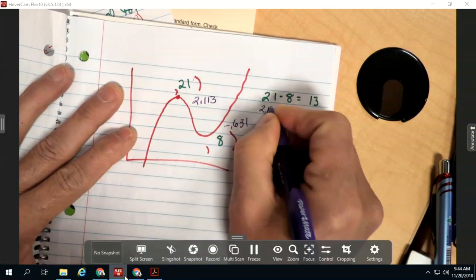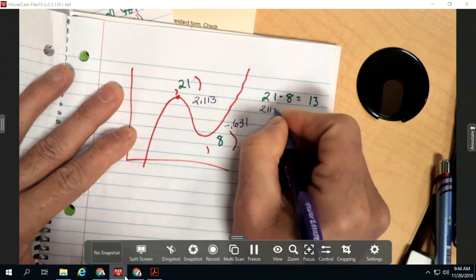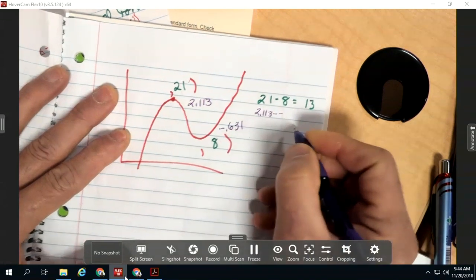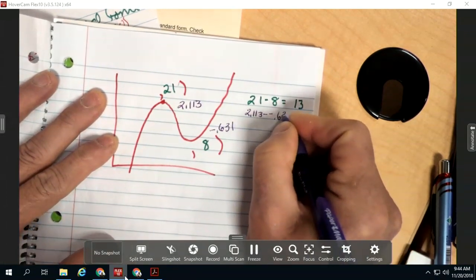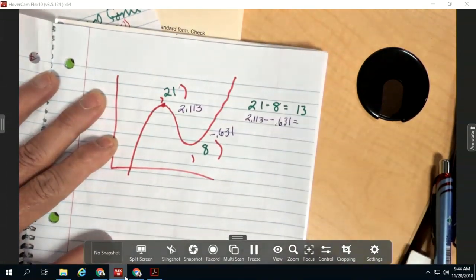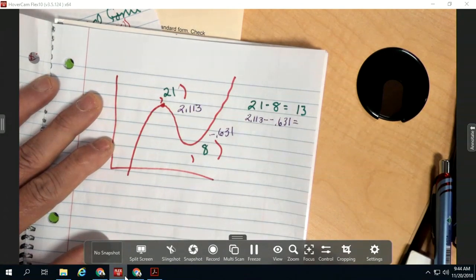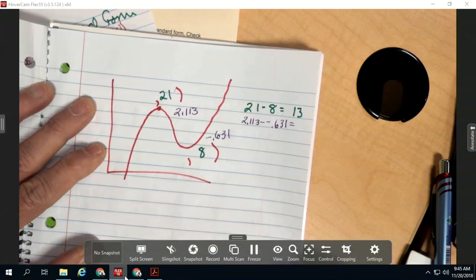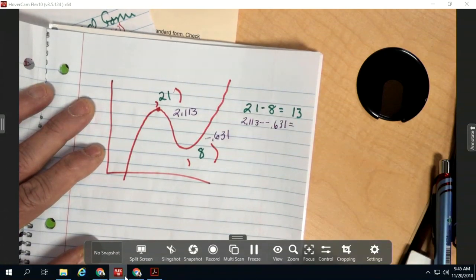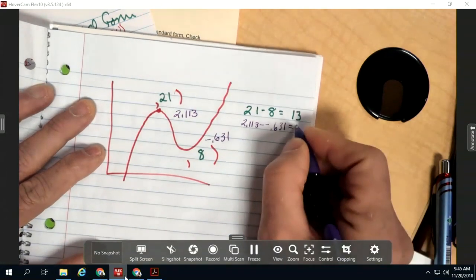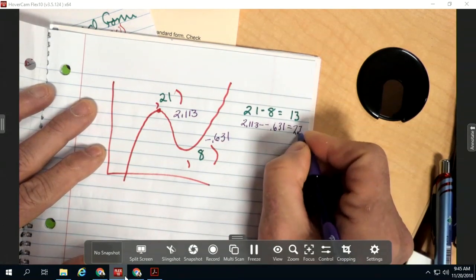So 2.113 minus negative 0.631 equals 2.744.